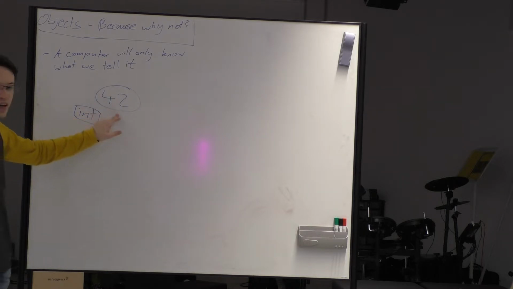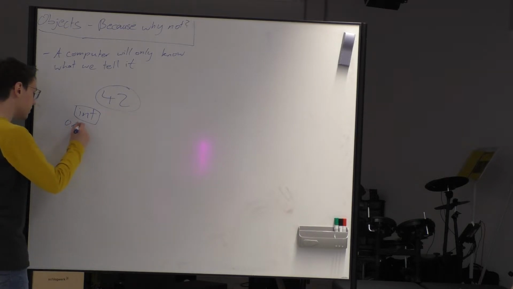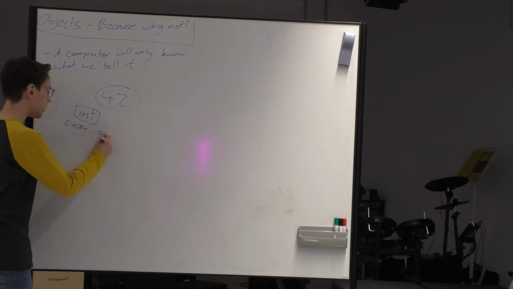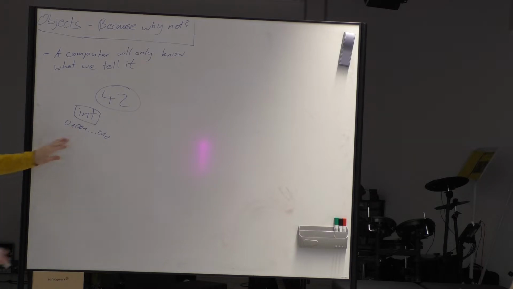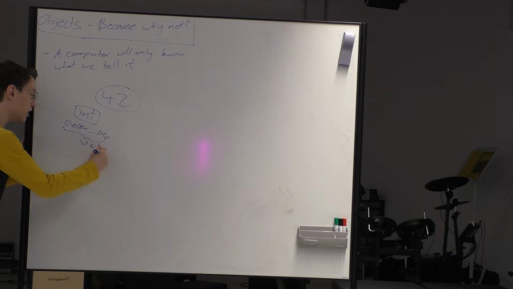It represents a number, but to the computer, what an int actually is is a sequence of zeros and ones, mostly like 32 bits. But this is only the implementation or the design that we gave to an int, that we chose.